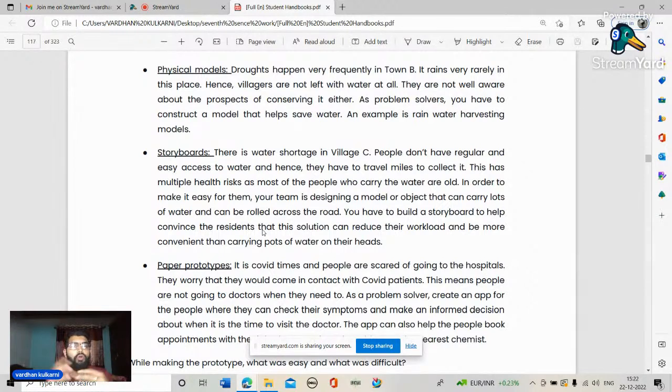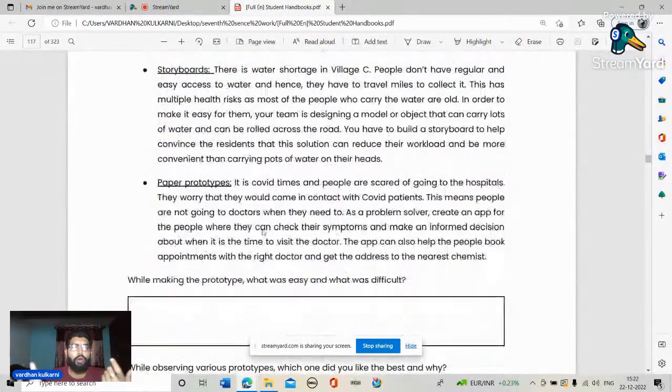In order to make it easy for them, your team is designing a model that can carry loads of water and be rolled across the road, and you have to build a storyboard to convince the residents that this solution can reduce the workload and be more convenient than carrying pots of water on their heads. Using storyboards, you just paste pictures and explain to the farmers or village people how it works.